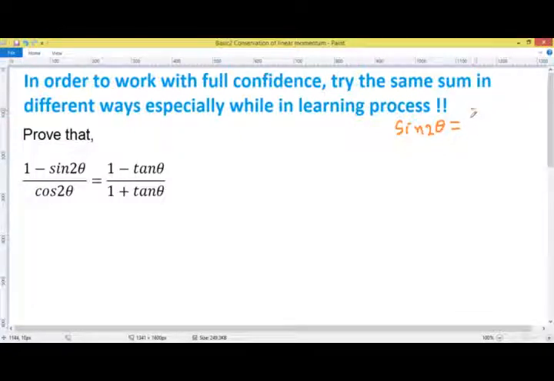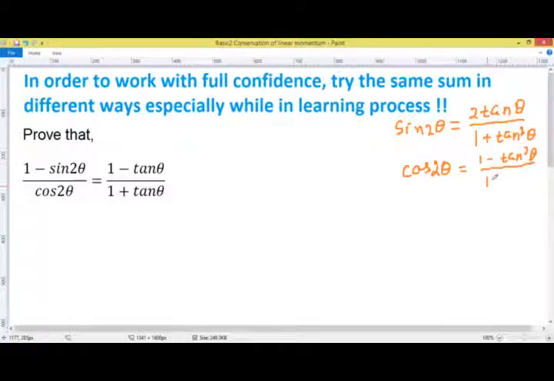It is 2 tan theta divided by 1 plus tan square theta. Also, in the denominator there is cos 2 theta, so we use that formula in terms of tan too: cos 2 theta is (1 minus tan square theta) over (1 plus tan square theta).